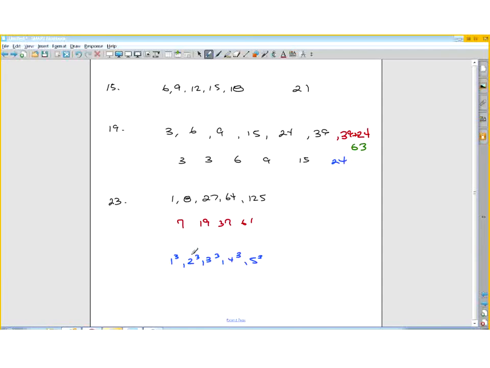Cube means multiply the number by itself twice. So this is 1 times 1 times 1, 2 times 2 times 2, 2 times 2 is 4, 2 times 4 is 8, etc. So by induction, we would assume the next term is going to be 6 cubed, which is 6 times 6 times 6. And if you take a calculator, you get 216. So we'd use inductive reasoning to figure that out.